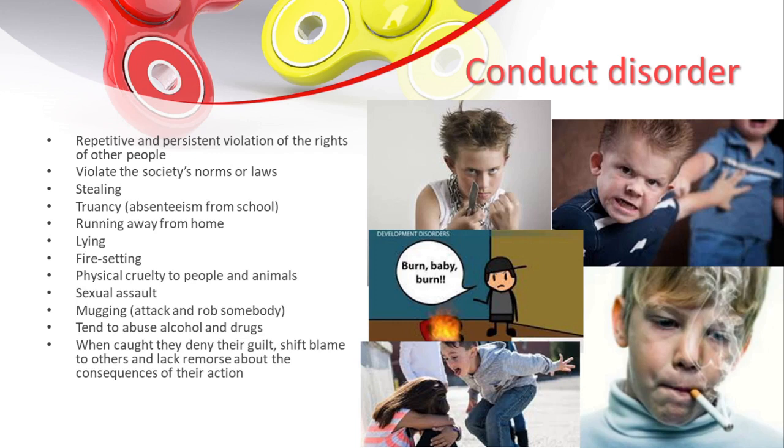They will steal things belonging to other people. These children show truancy, that is, without any proper reason they will be absent from school. Then they show the tendency to run away from home.